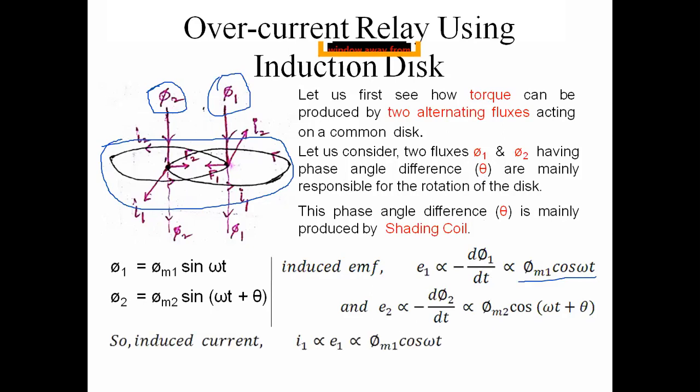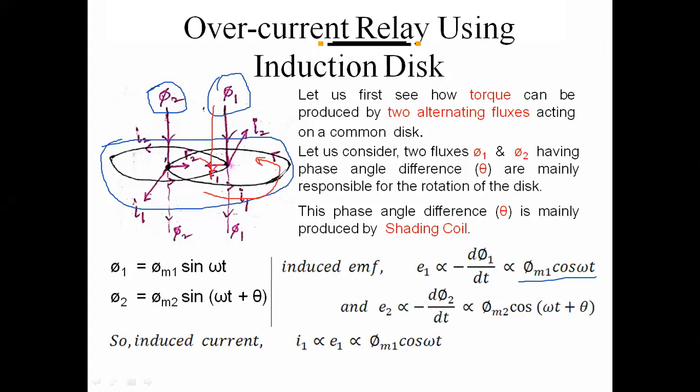Now, the induced current. When these two fluxes phi 1 and phi 2 cut the disc, some eddy current is produced. When the phi 1 flux cuts the disc, an eddy current I1 is produced, and we get the direction from the thumb rule. This induced EMF will try to oppose the cause, so we are taking the anti-clockwise direction.